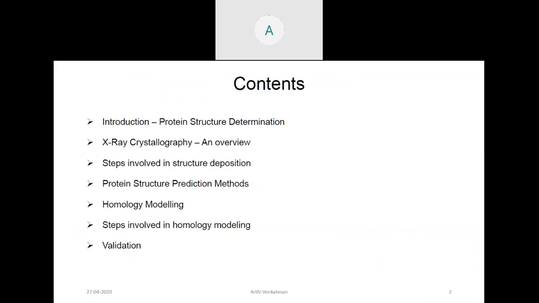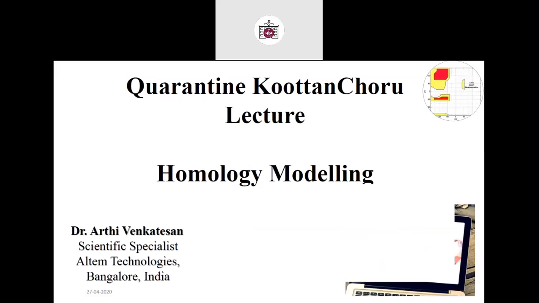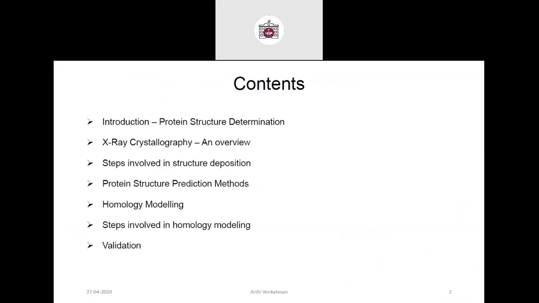Arthi, can you put it in simple words? What are you going to address in this lecture? Just in points. In this lecture, we are going to discuss how protein structure determination can be done, what the X-ray crystallography methods are, what methods are available to predict the protein structure, and how you deposit an available or predicted structure in the RCSB Protein Data Bank.